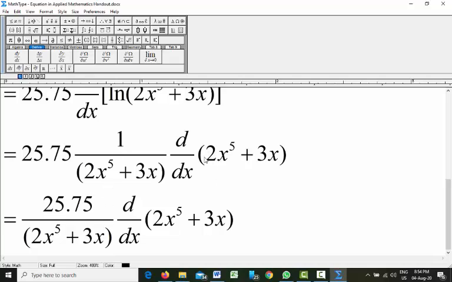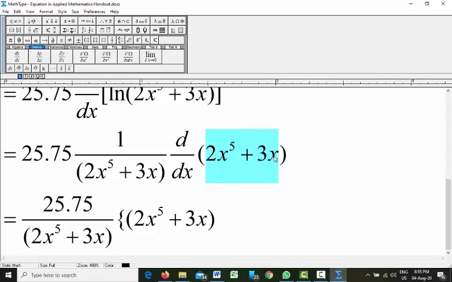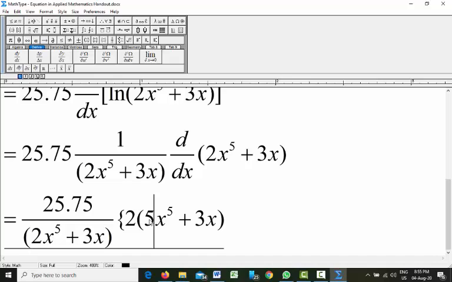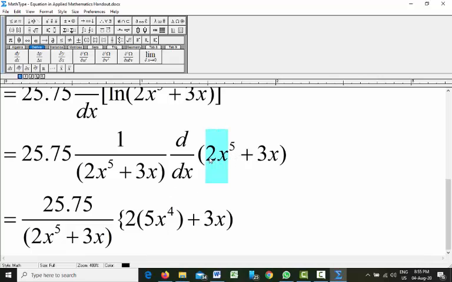Now we want to do differentiation of this part. We have two parts there. First we will do differentiation of this one. 2 is the coefficient, so 2 will stay as it is.